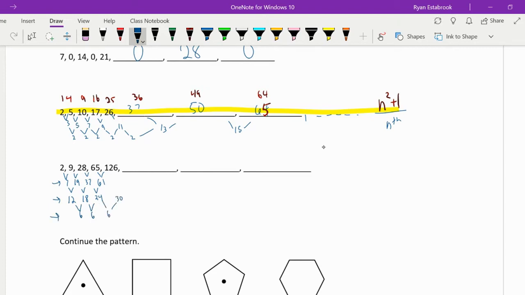So there would be a 30 in the second row. 61 plus 30 is 91. Add 91 onto 126. And it looks like that's going to be 217. And then I add 6 again, so that's 36. 91 plus 36 would be 127. Add 127 plus 217.